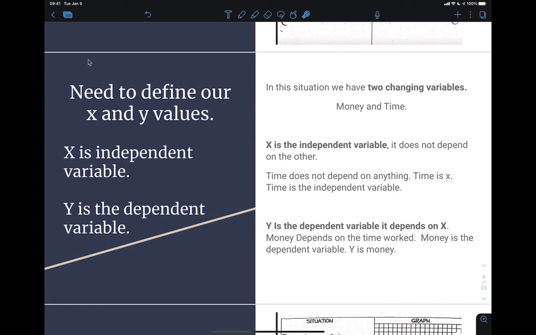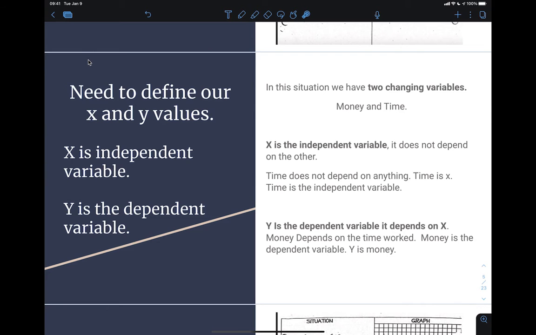Time is the independent variable. Sometimes as I'm doing this, I like to actually start off with what depends on the other thing. Well, in our situation, the money we make depends on the time. So we know that y will be money because y is the dependent variable. The money depends on the time worked.